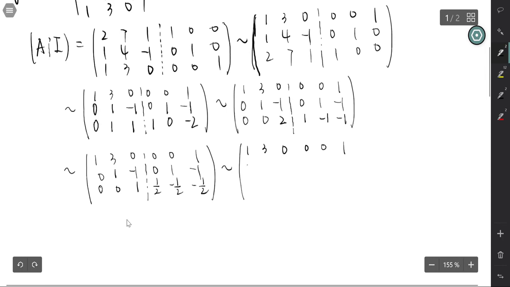So add the third row. 1, 0, 1 half. That's 3 over 2, negative 3 over 2, 0, 0, 1, 1 half, negative 1 half, negative 1 half.